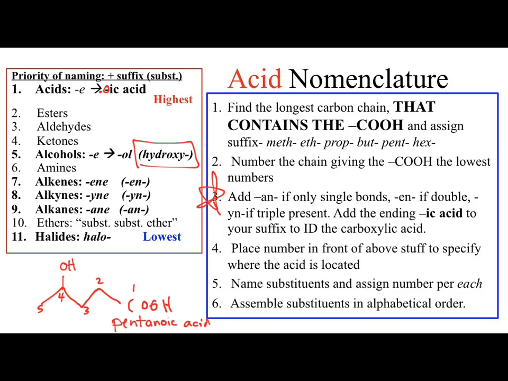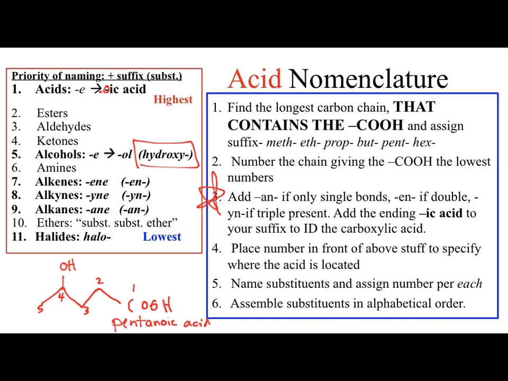So we get pentanoic acid, but we now have to specify where that alcohol is. As far as I've told you so far with our alcohols, we change the E ending to -ol. There's no E ending in pentanoic acid. So we have to come up with a new way to refer to those higher order substituents beyond the alkanes and alkenes. That's where the hydroxy comes in.